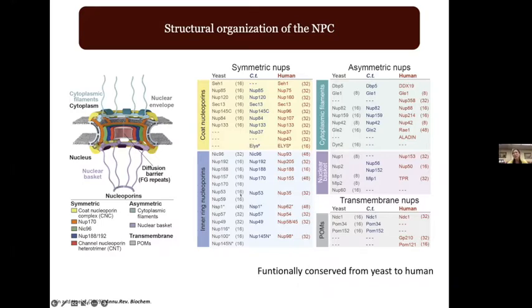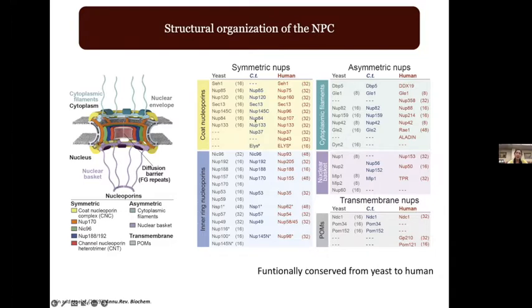Later, people used protein-protein interactions, pull-downs, and mass spectrometry, and identified 34 different proteins belonging to the nuclear pore. They named these proteins nucleoporins. These nucleoporins exist in multiple copies of 8, sometimes 16, sometimes 32. The 8 copies establish the 8-fold symmetry structure.